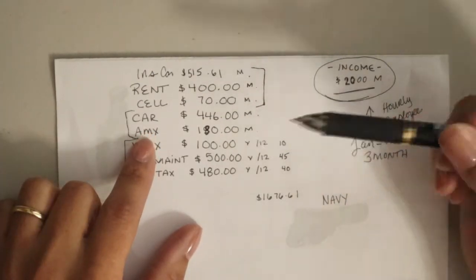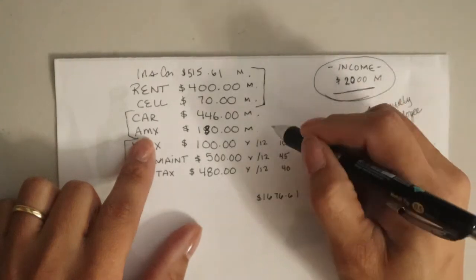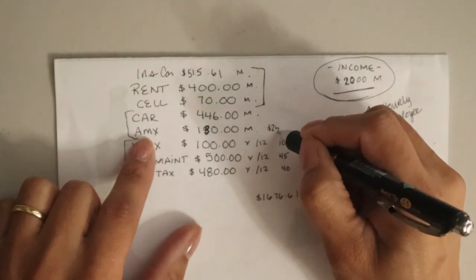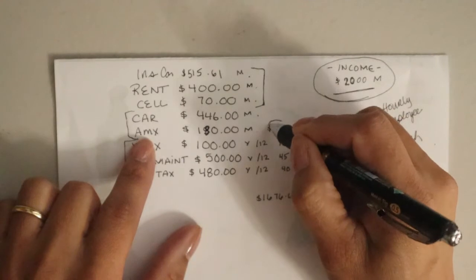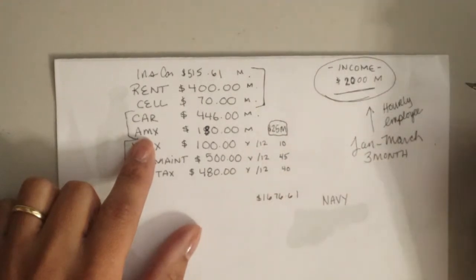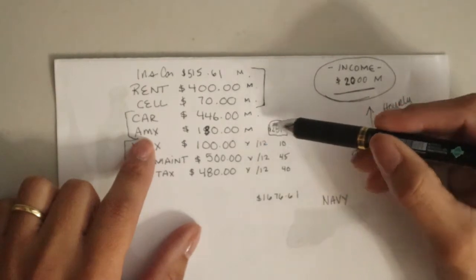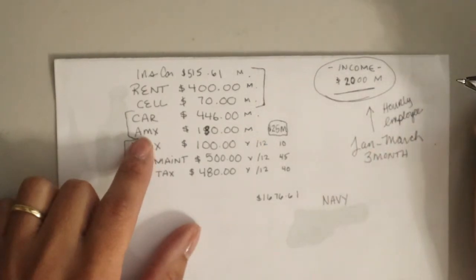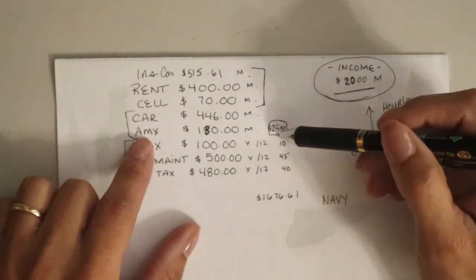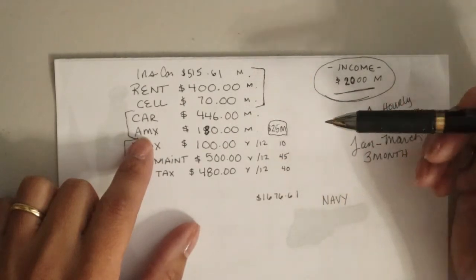So his American Express minimum payment is $25 a month, right? And he has like a $5,000 balance. So that's not enough to pay off $5,000. We want him to kill, obviously, his debt.